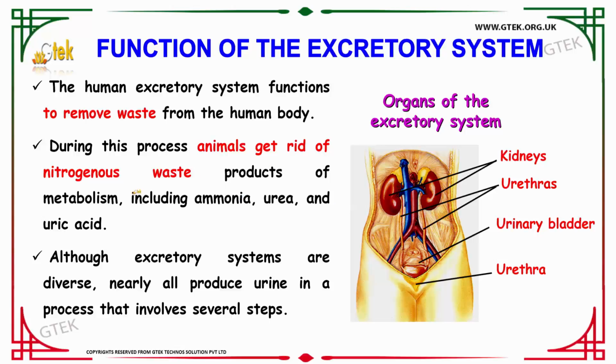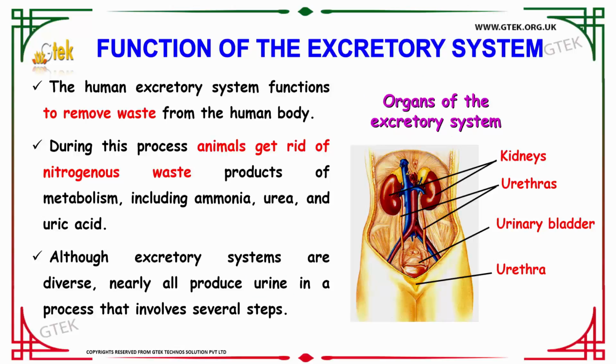This process of getting rid of the nitrogenous waste like ammonia, urea and uric acid is done by your kidneys. Although the excretory systems are diverse, nearly all of them produce urine in a process that involves several steps.